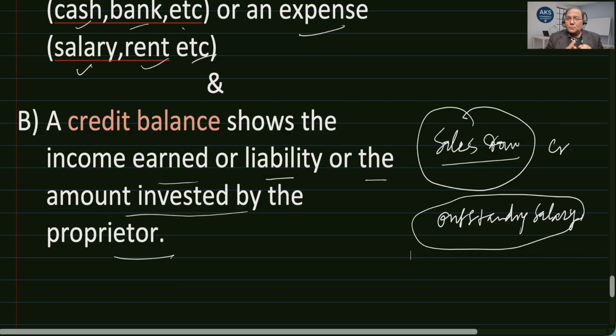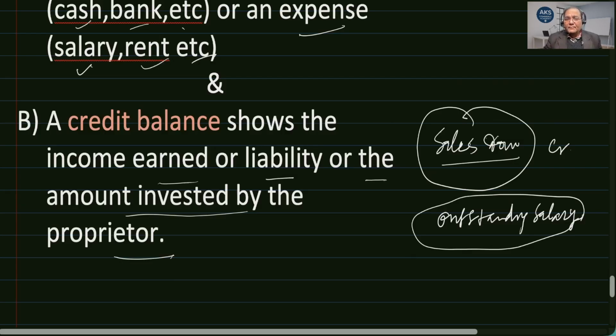Anything which is due to the business from an outsider is an asset. Liability shows a credit balance, asset shows a debit balance. If there is any liability appearing in the books of account, it will show a credit balance. If there is any asset, it will show a debit balance. I hope this is clear.